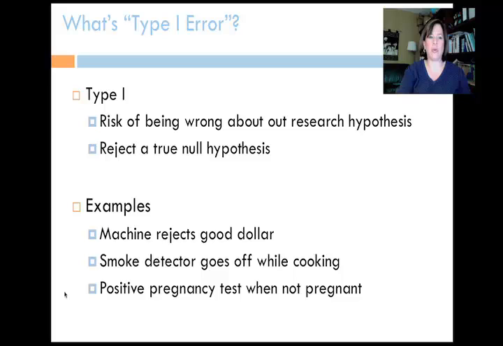All right, let's look a little bit more at this. Let's look at those types of errors. What is this crazy type 1 error? Well, just to define it, it's a risk level. It's the error of being wrong about the research hypothesis, when in fact the null hypothesis is true. So we hypothesized that as hours spent studying goes up, GPA goes up.